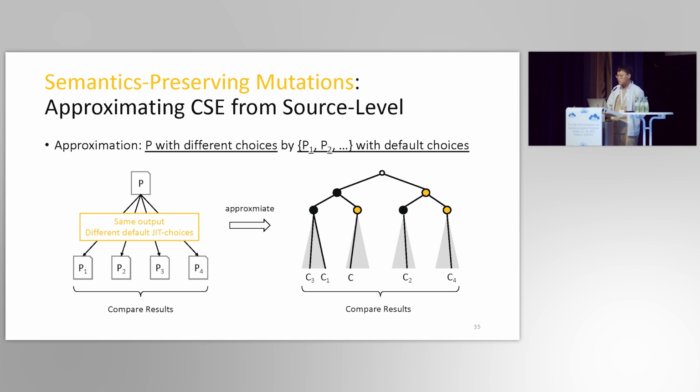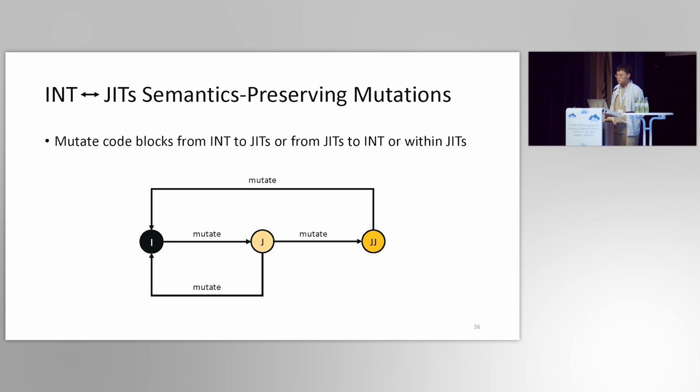And in the end, we compare the results of them. In other words, we are approximating P with different JIT choices by a set of mutants, P1, P2, with their default choices. So, what we'd like to do is to devise very special mutators that can mutate a code block among different JIT or int state.